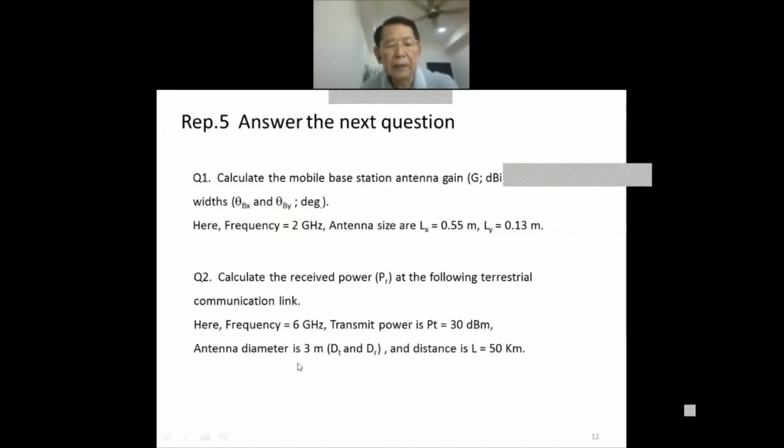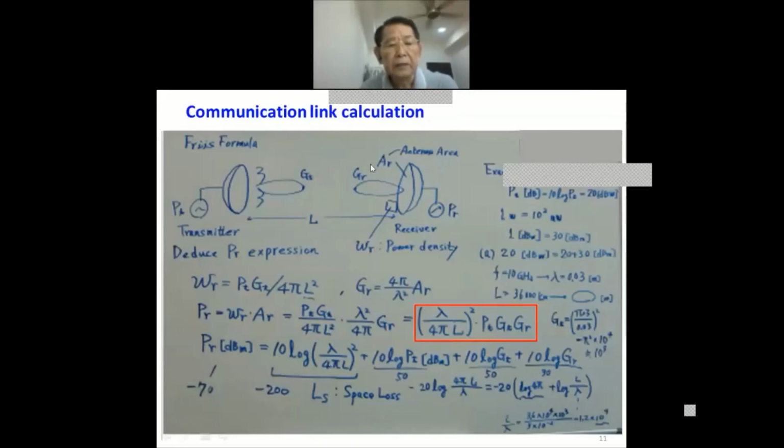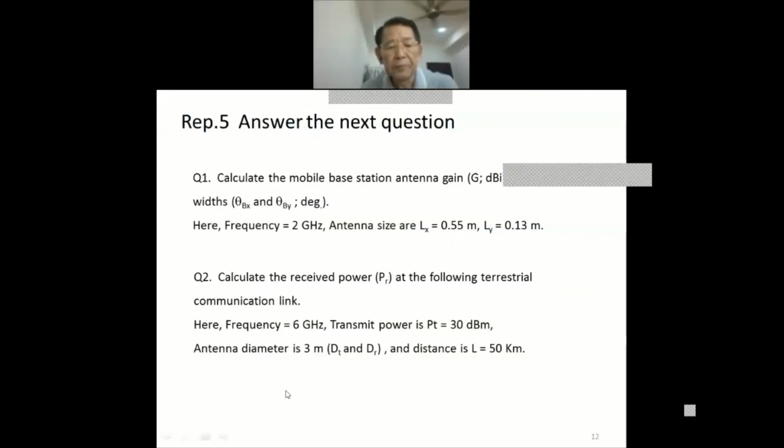And the antenna diameter is the same, 3 meters. So using these parameters, calculate the received power in the terrestrial communication.